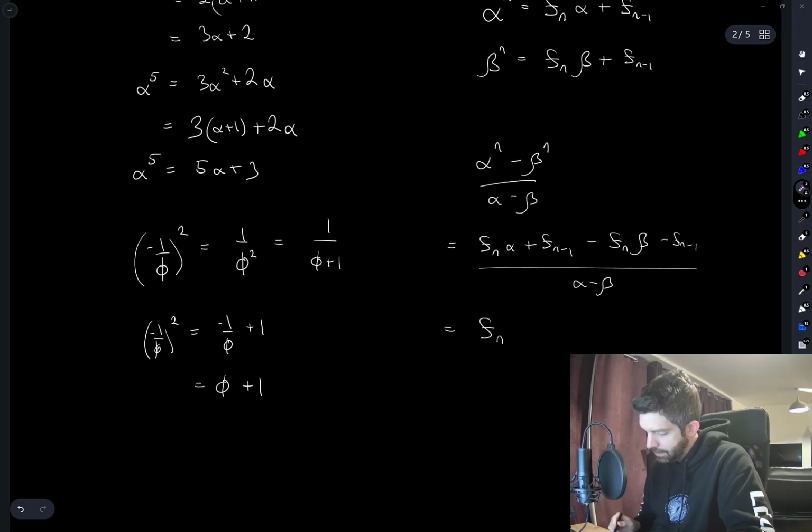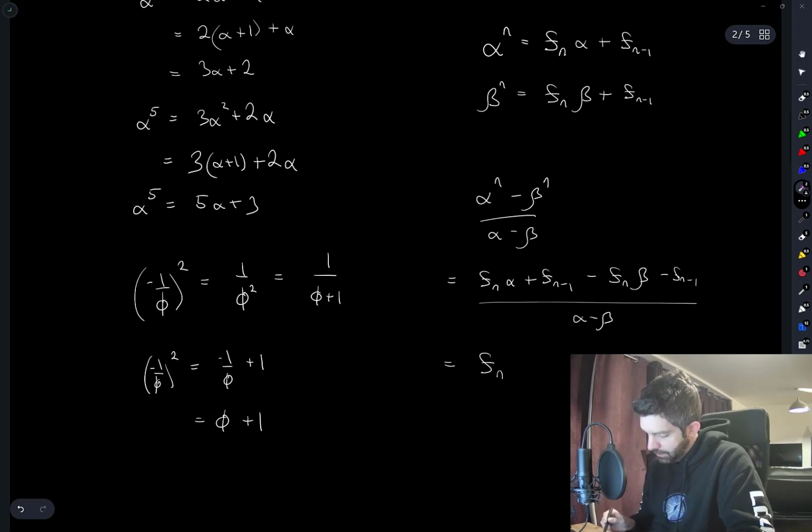And then you can show that this term here simplifies just by subbing these things in here. This simplifies to the nth Fibonacci term. So what I have here then is an is equal to the nth Fibonacci term.